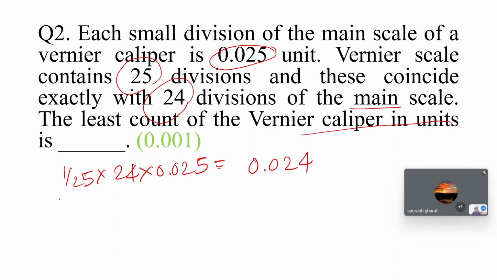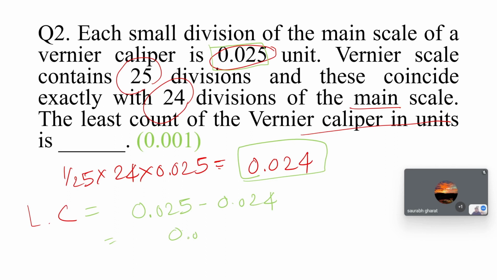Now to calculate the least count, I explained everything in the previous assignment. You need to subtract this vernier division from each division on the main scale. So your answer will be 0.001.